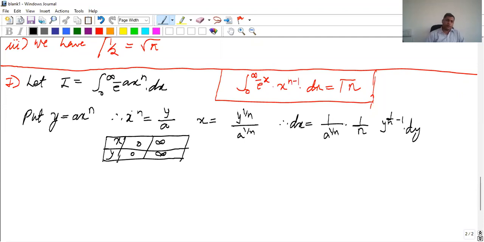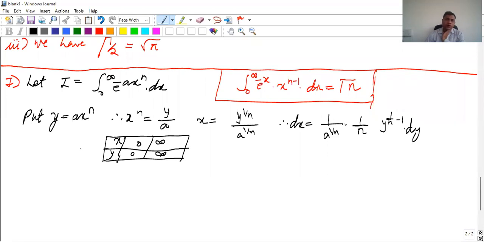Because if I put x is equal to 0, y will be 0. If I put x is equal to infinity, whatever the value of a, this term is going to be infinity. So when x is 0, y is 0, and when x is infinity, y is infinity. Is that okay?